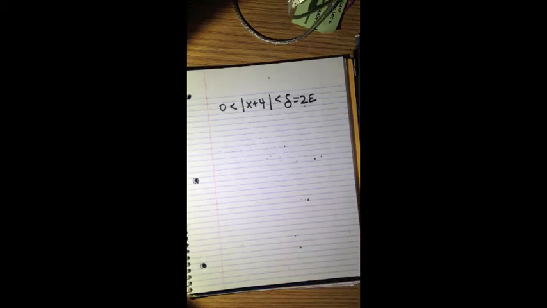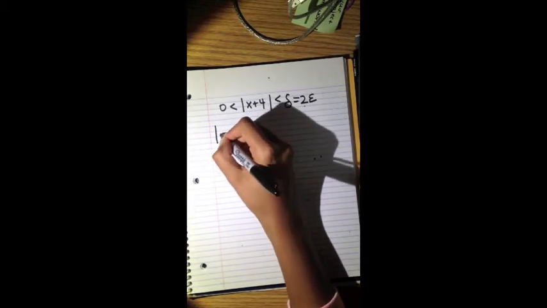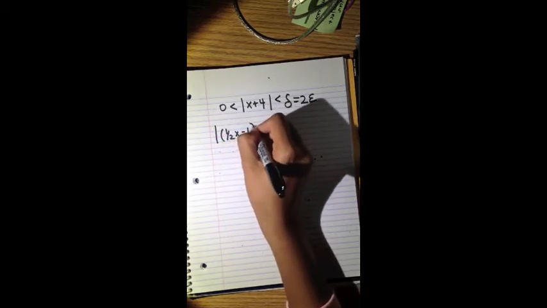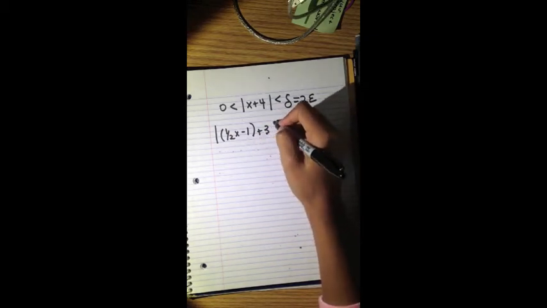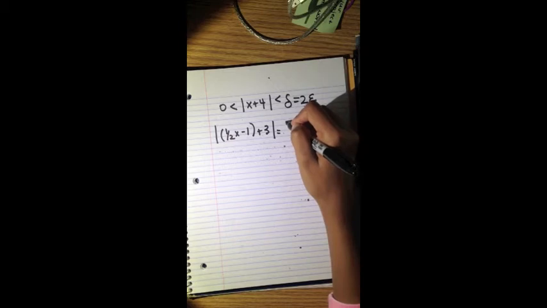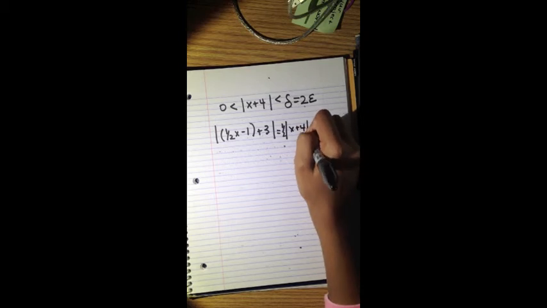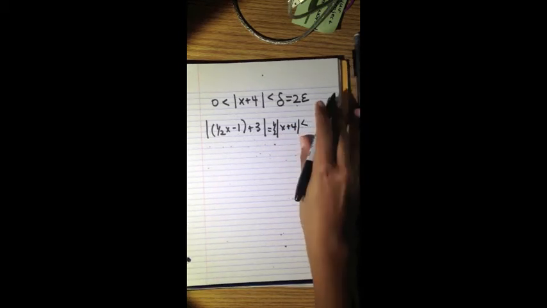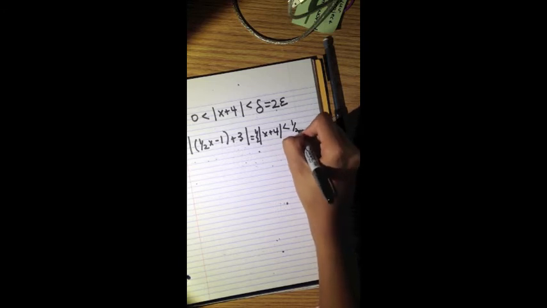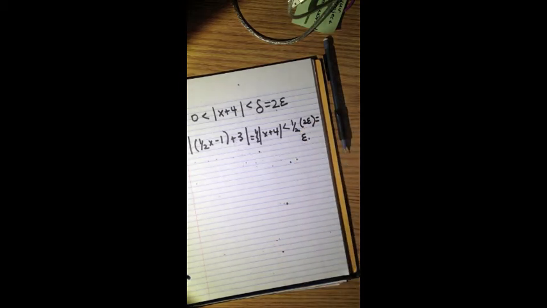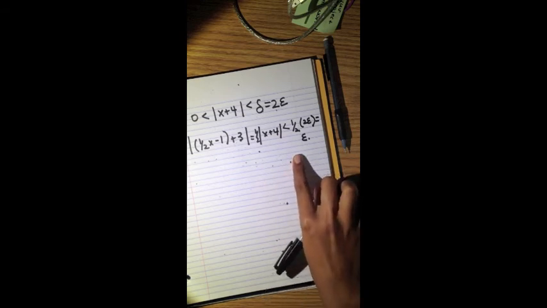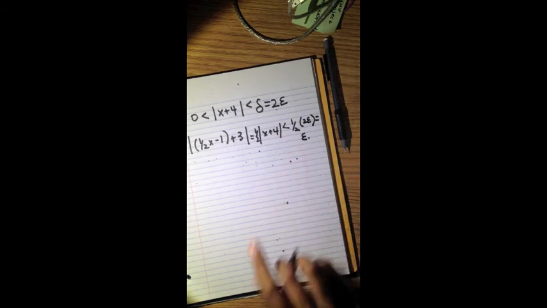Now this implies that |1/2 x minus 1|, which was your function, plus 3, which was your limit, equals, like we had said, 1/2 times |x plus 4|, which is less than 1/2 times 2 epsilon, which is equal to epsilon. So you have just proven that epsilon is greater than 0, which therefore proves that the limit does exist.